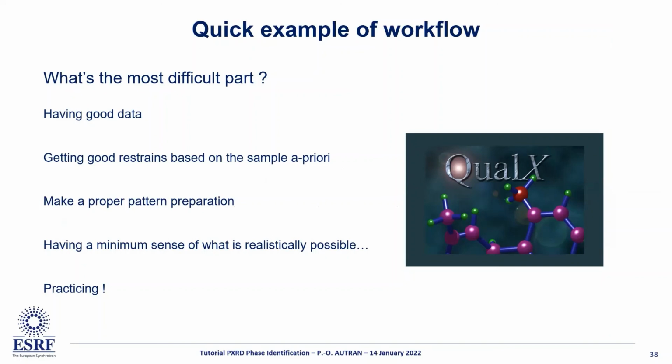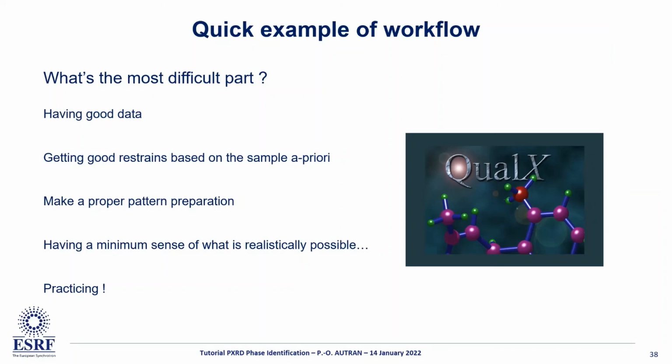For example, ID22 gives one of the best sets of data you can ever get, because the resolution is so high that the peaks are not overlapping, meaning the software is less likely to confuse itself into thinking there is just one peak when actually there are two. So this is a very nice advantage. If you want to identify phases and you have high resolution data, this is really an advantage.